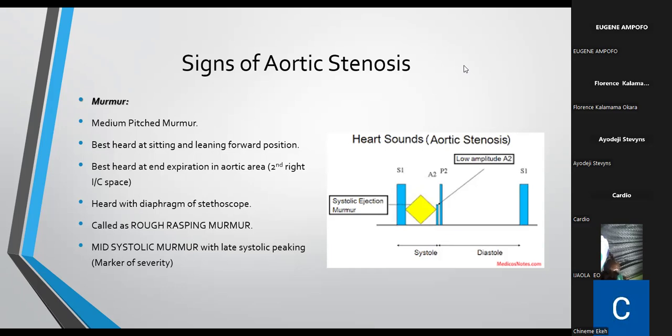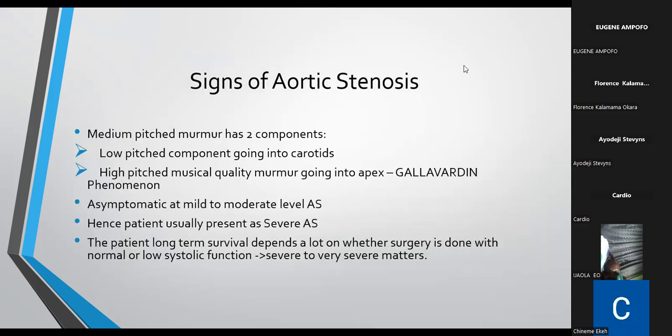A high-pitched musical murmur can radiate to the apex, that is the Gallavardin phenomenon, which is different from the murmur of the MR. To differentiate between the Gallavardin phenomenon and the murmur of the MR, the murmur of the MR radiates to the apex, and when you initiate a PVC, the murmur of the AS will become accentuated, but there's no change with the murmur of the MR.